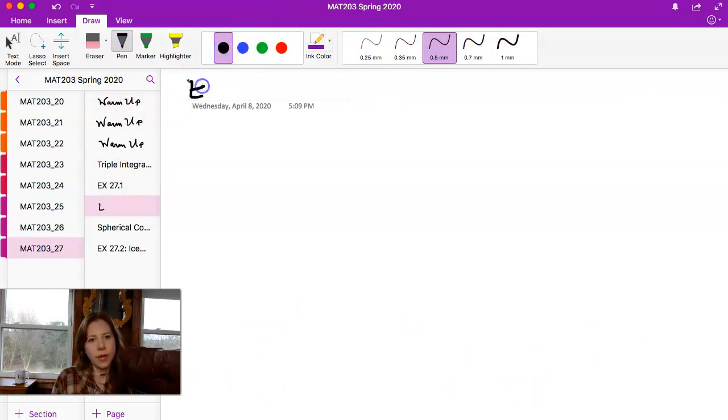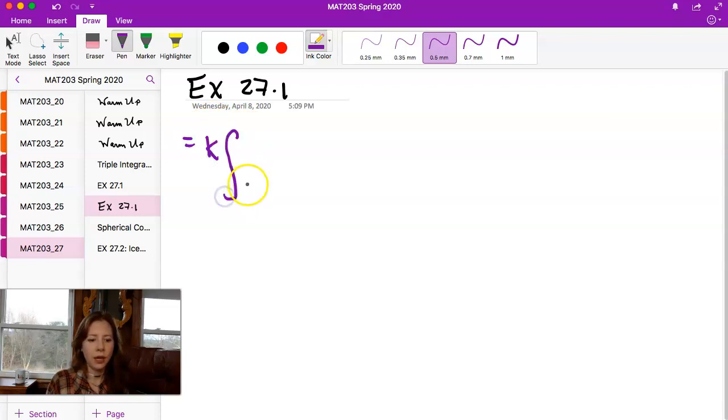So this is going to be page 27.1. Okay, and so let's pull k to the outside. So it's going to equal k times the integral from 0 to 2 pi still, and then from 0 to 1.